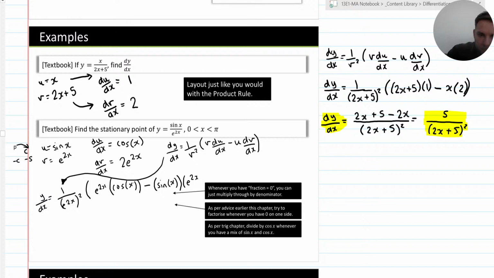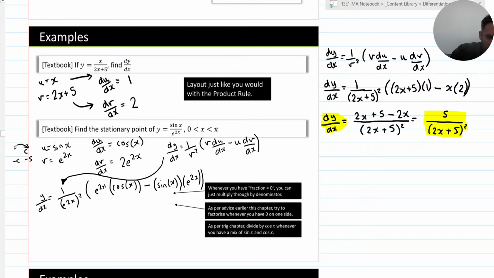I'm just going to put in a bracket sometimes by that, so sine of x, times by dv by dx, which is equal to that e to the 2x, like so. Loads going on here. So we now need to simplify all of that.